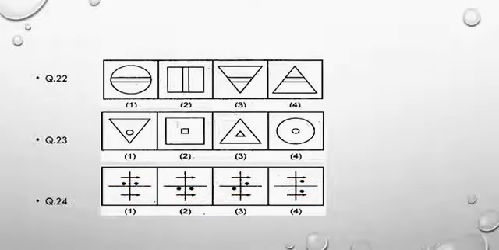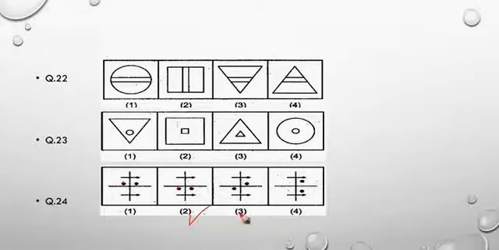In case of problem figure 1, the two dots are on the upper side. In case of problem figure 2, the two dots are on the lower side of the design.